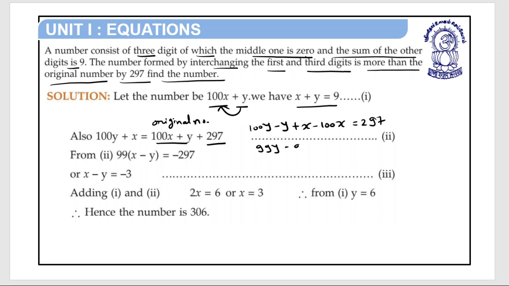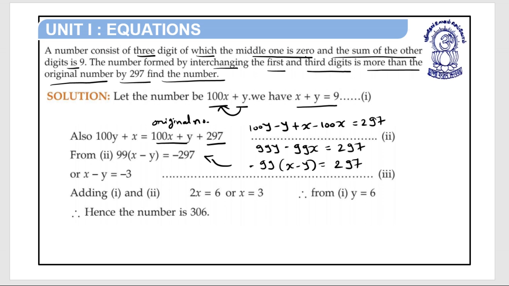99y minus 99x is equal to 297. So 99 common, 99 into y minus x is equal to 297.